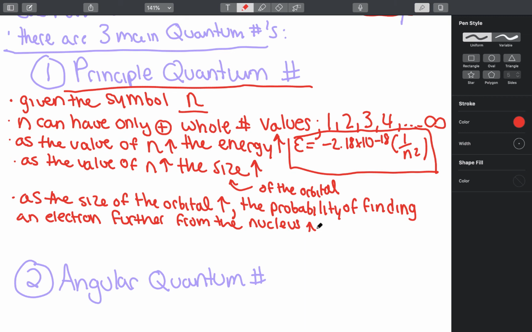Therefore, as the size of the orbital increases, the probability density, or the probability of finding an electron further from the nucleus, also increases. So that is the principal quantum number. It basically describes the overall energy of a particular orbital.